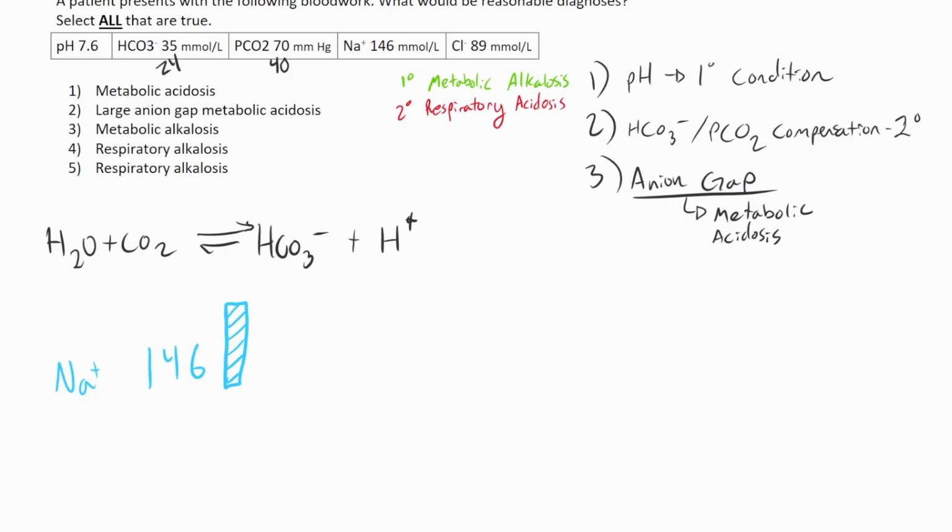Our negative charges are separated into a few things. We have our bicarb along with our chlorine, and our chlorine is 89, which leaves us with an anion gap of about 22.